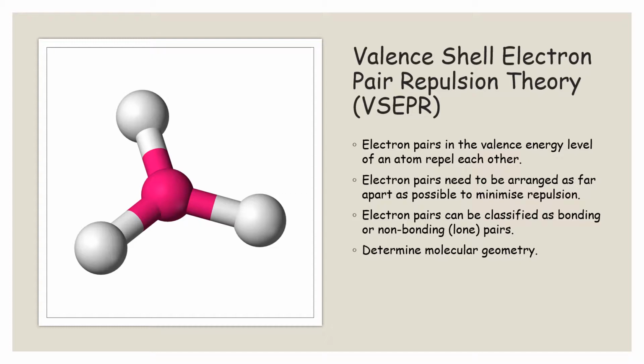Therefore, what we need to do is arrange those electron pairs as far apart as possible to minimize repulsion. Now there are different types of electron pairs. They're either bonding pairs or non-bonding pairs. Non-bonding pairs are often called lone pairs. And this theory allows us to predict the molecular geometry of a molecule.